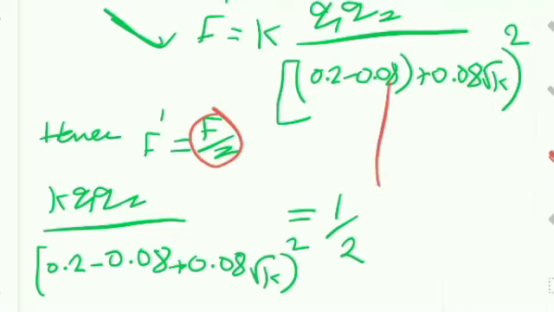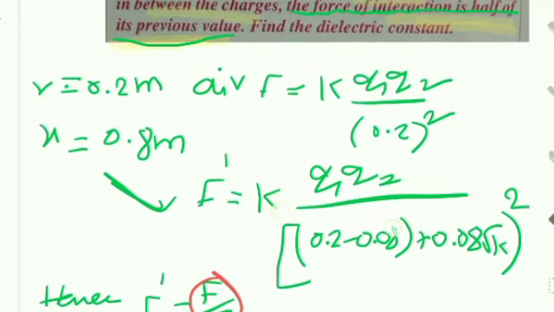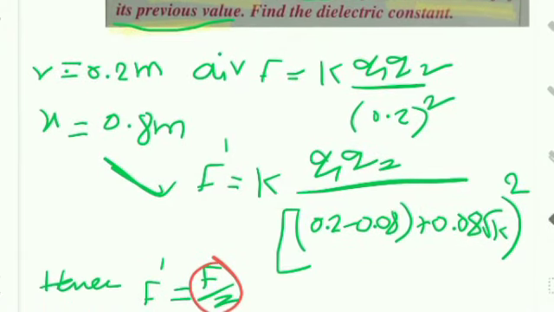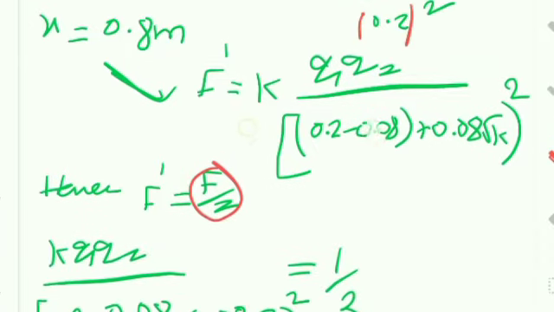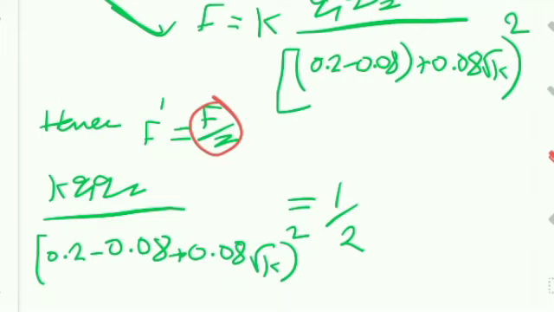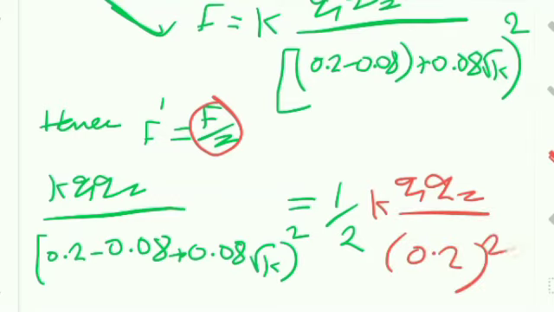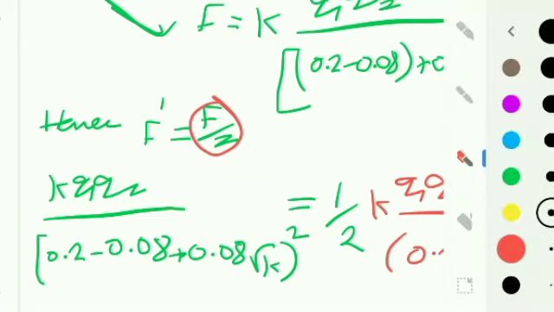F is equal to K Q1 Q2 by 0.2 whole square.